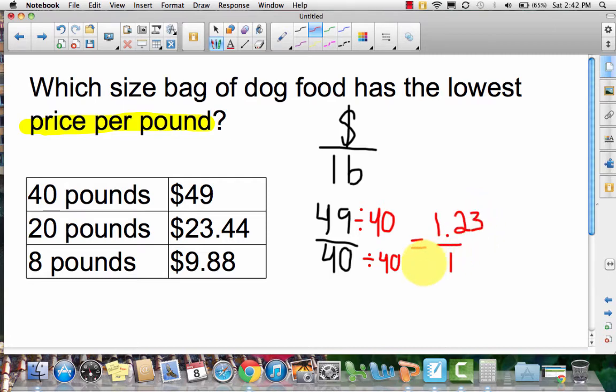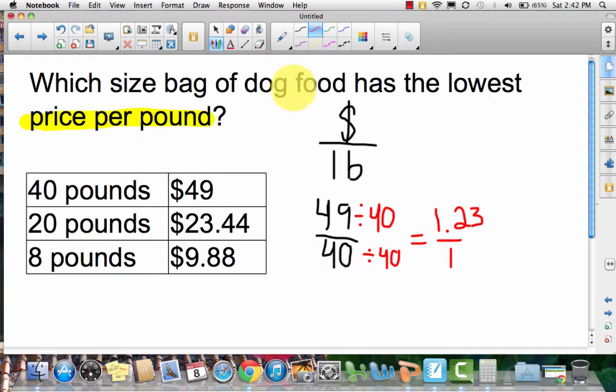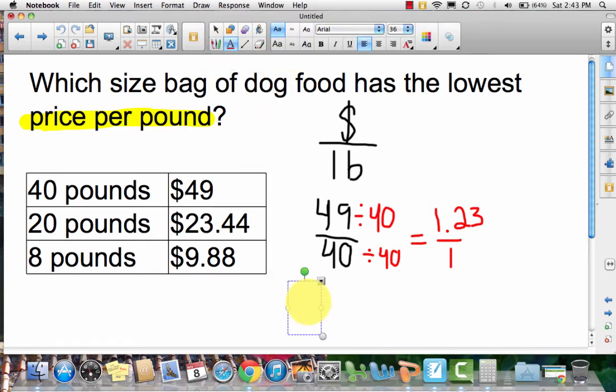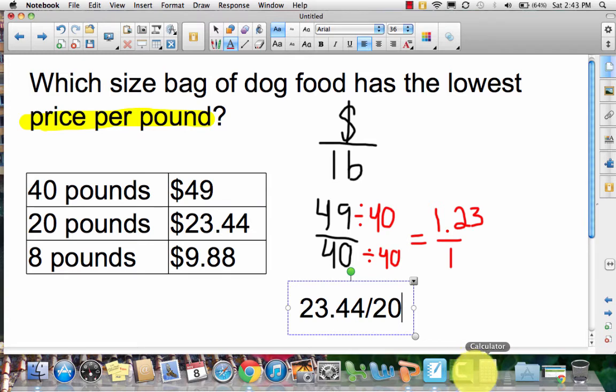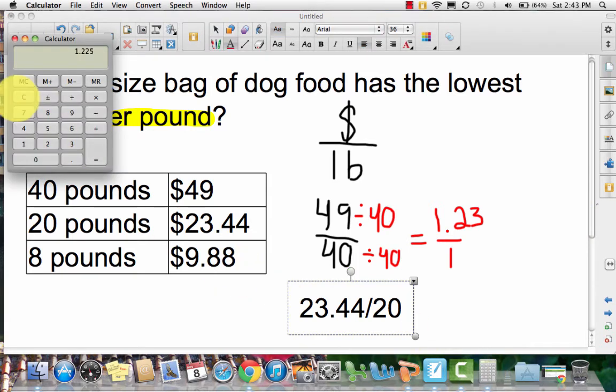I'm going to follow a very similar setup for the other 2 options of dog food, and I'm always going to follow this setup, price per pound. So my second option, I can buy 20 pounds for $23.44. So I would do 23.44 divided by 20. And again, I'm going to look in my calculator. 23.44 divided by 20.